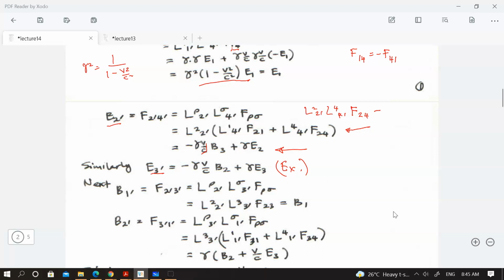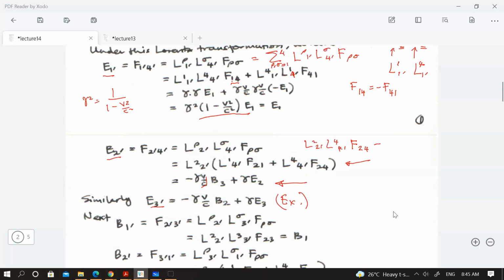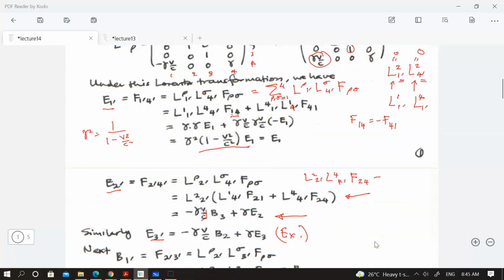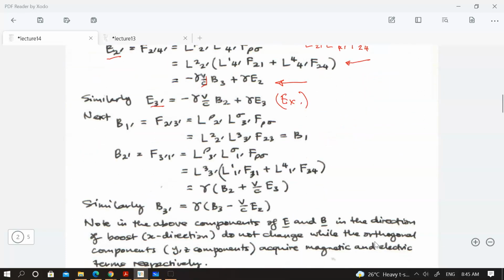In this case, it will be just L22' and L33'. L22' is just 1, and L33' is just 1. That again gives you that the first component of your electric field doesn't change. That's not so interesting, but let's look at the other components.